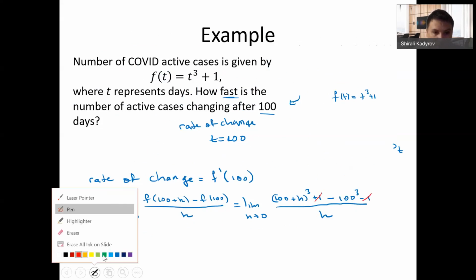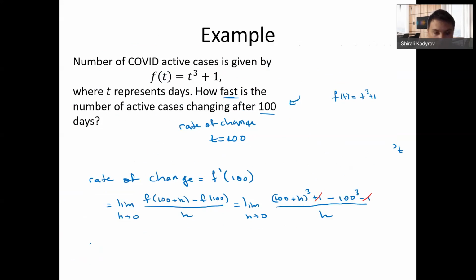Now I need to use the binomial expansion, the binomial formula. So what is 100 plus h cubed? This is 100 cubed plus 3 times 100 squared times h plus 3 times 100 times h squared plus h cubed, minus 100 cubed. Luckily the 100 cubes cancel.